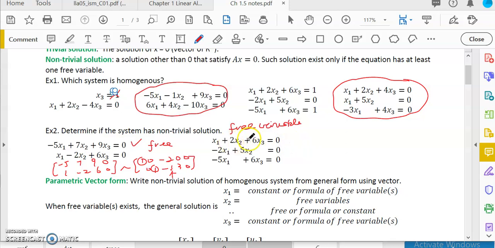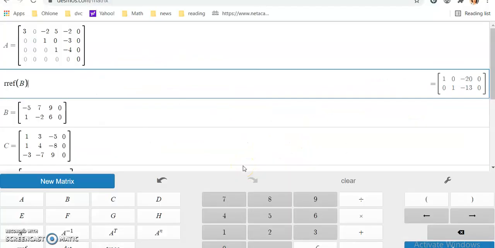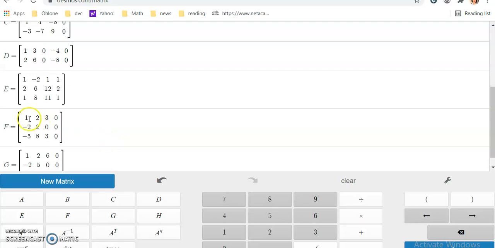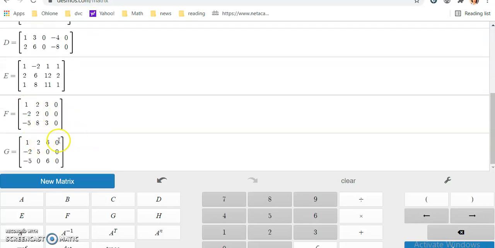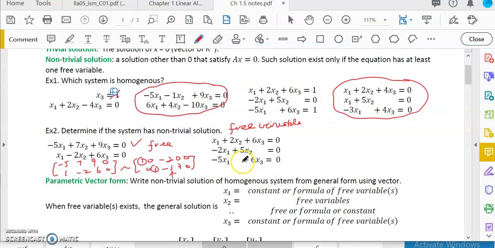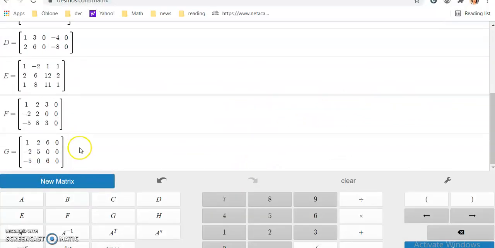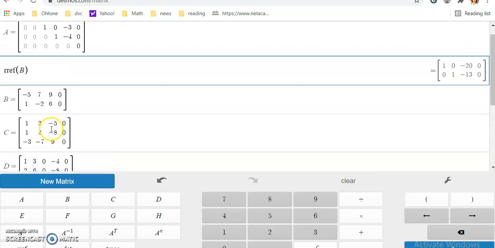What about this one? 1, 2, 6, 0, -2, 5, 0, -5, 0, 6, 0. So that's G, right?